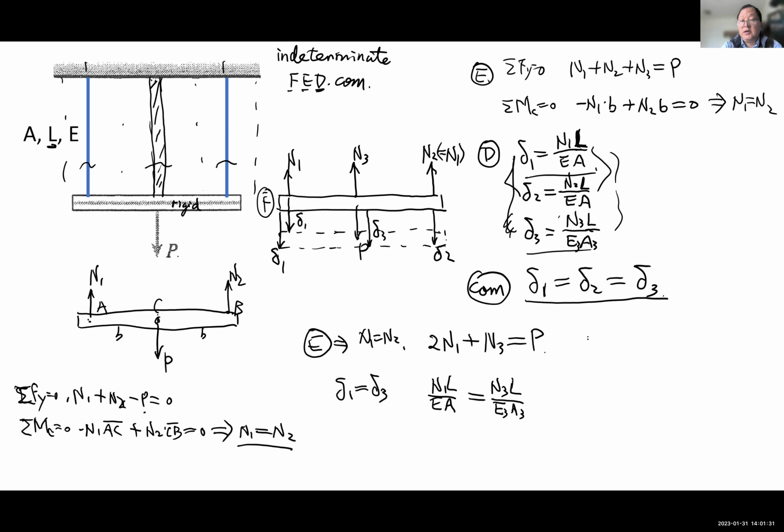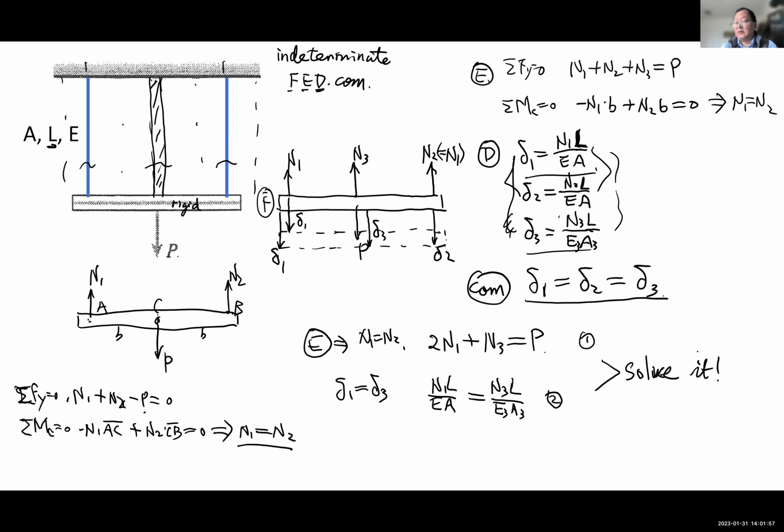Let's call this equation 1, this equation 2. Now combine those two equations, we can get N1, N3. So the solution is not that complicated. I'll leave the solution to you to solve.